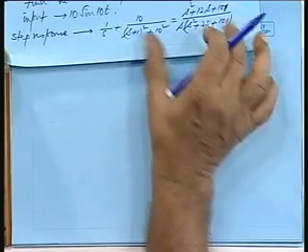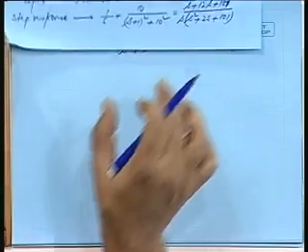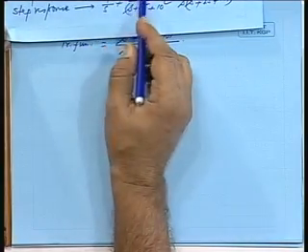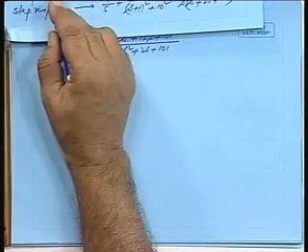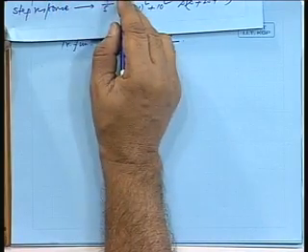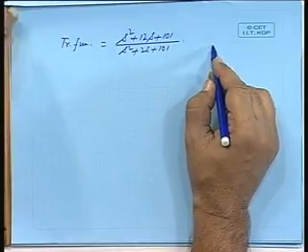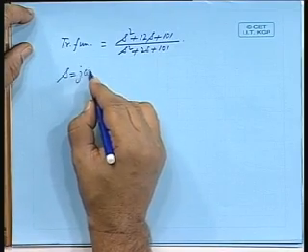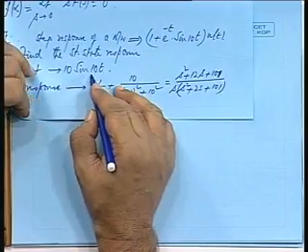So, if I divide the response by the input, the input was a step input, so Laplace transform is 1 by s. After dividing by 1 by s, we get this. Now, we want to determine the steady state response due to a sinusoidal input. So, for a sinusoidal input, we straight away write s equal to j omega. Omega here is 10.